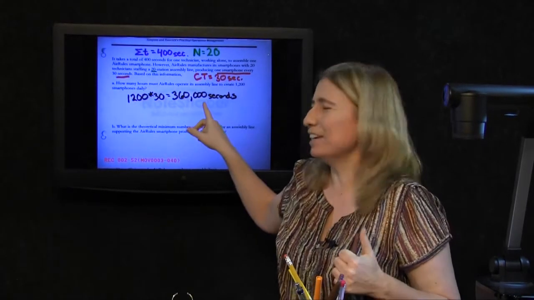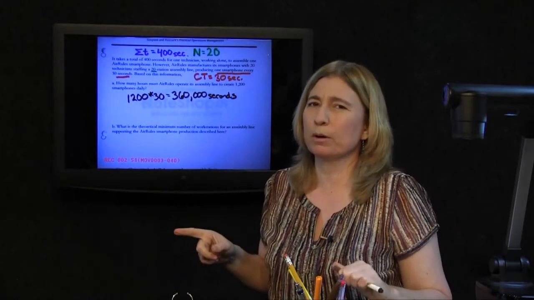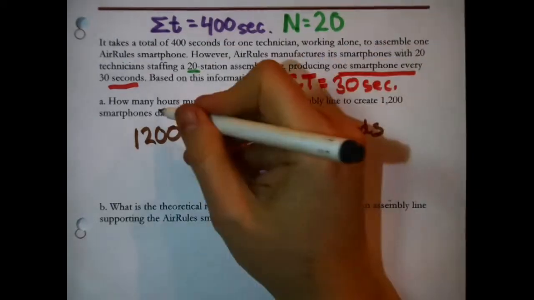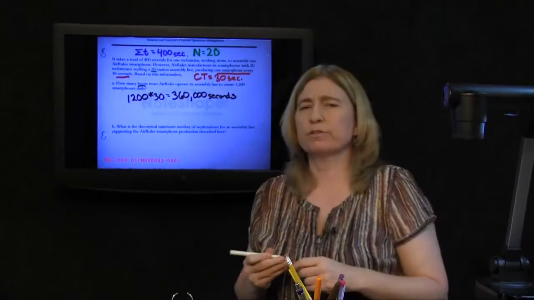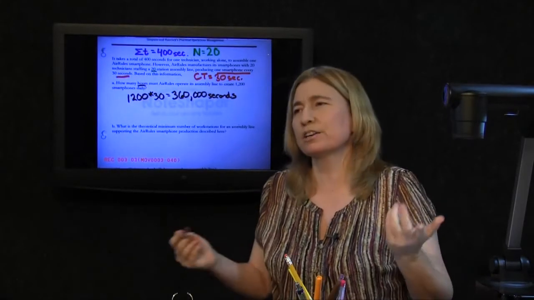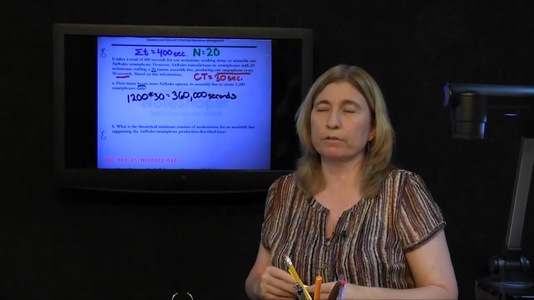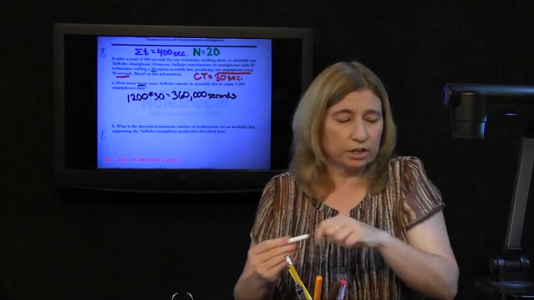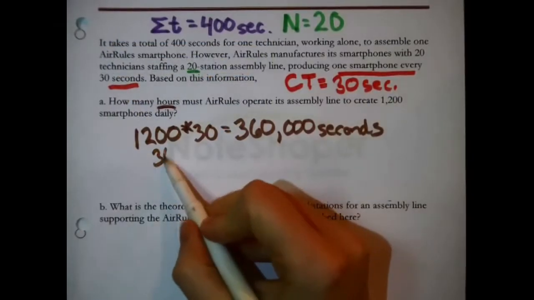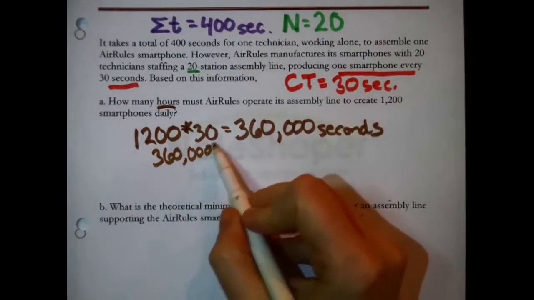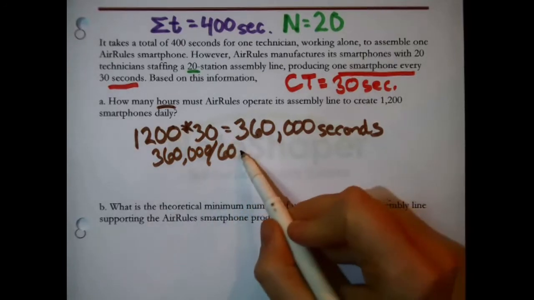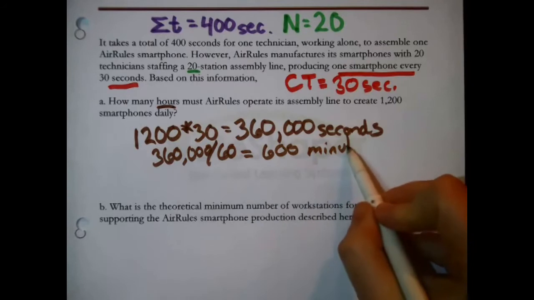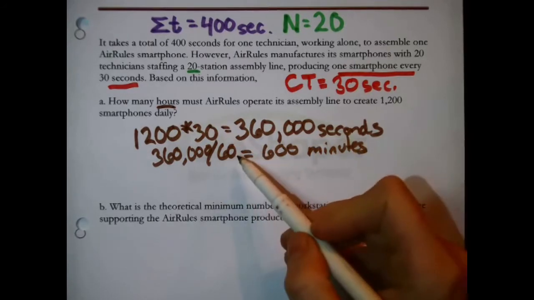That's not really the answer to the problem, because the one thing we should be mindful of is the problem did ask specifically for hours. That would be more intuitive or more helpful than 360,000 seconds. So again, this is just logic. If I said 360,000 divided by 60, that would reveal that it's going to require 600 minutes, because there's 60 seconds in a minute.